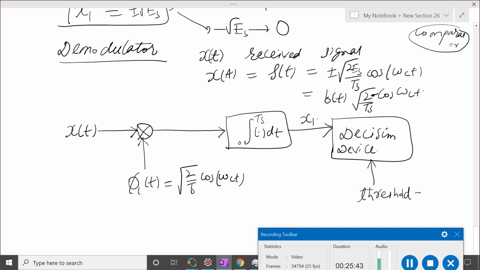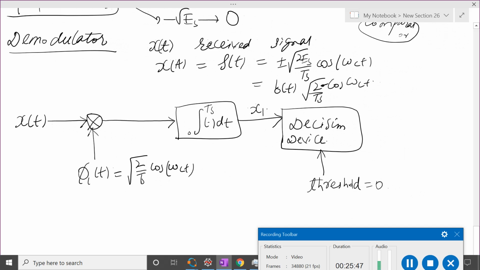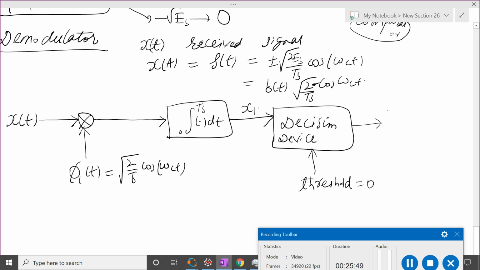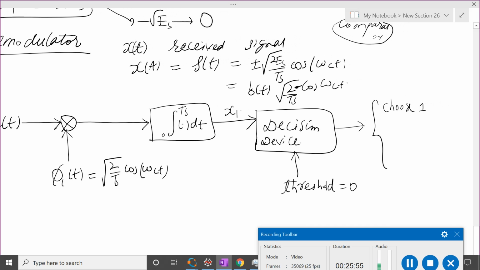Here the threshold is 0, that is it has to compare whether the input signal is greater than 0 or less than 0, and it will give a decision: choose binary 1 was transmitted if this x1 is greater than 0, choose 0 was transmitted if x1 is less than 0.